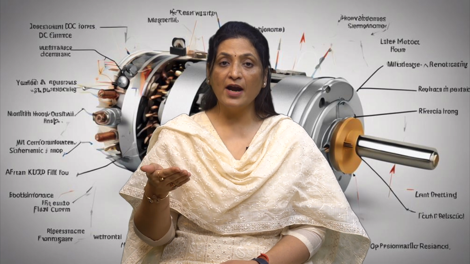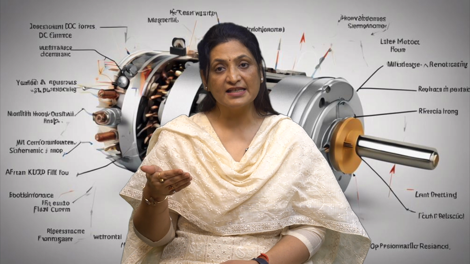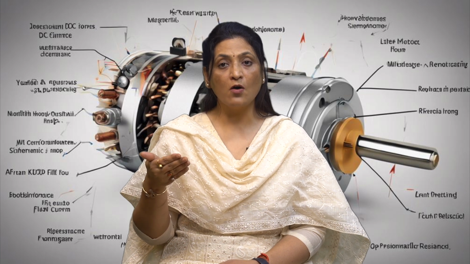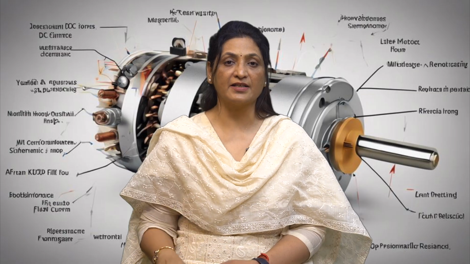The current required is Ia0 on no load to produce Ta0, and hence the Tsh line has an intercept Ia0 on the current axis.